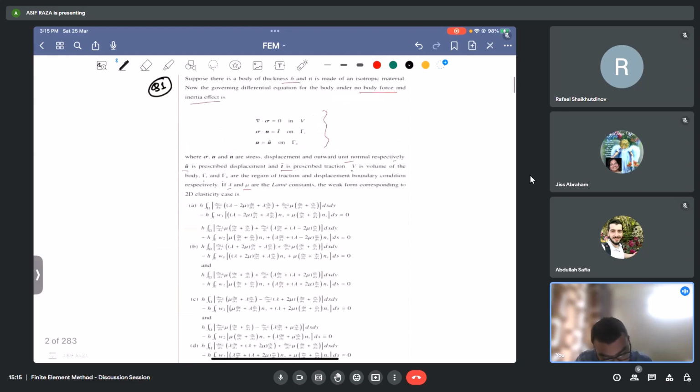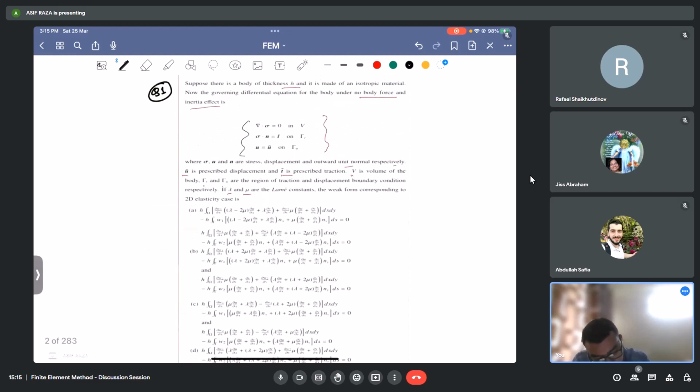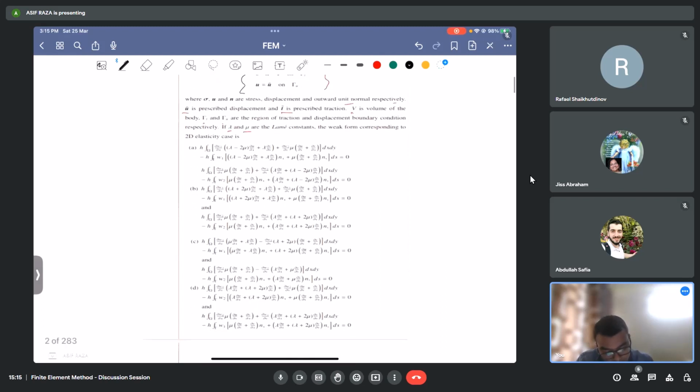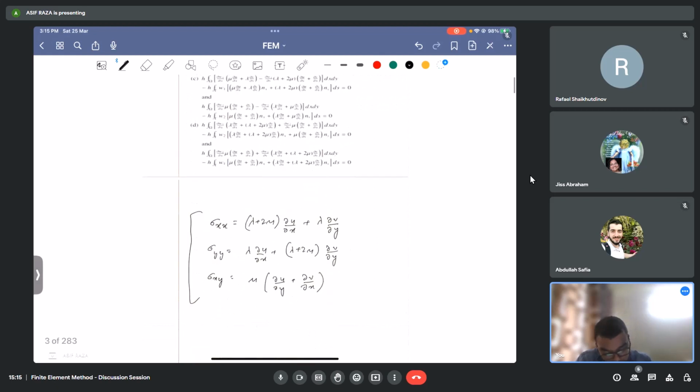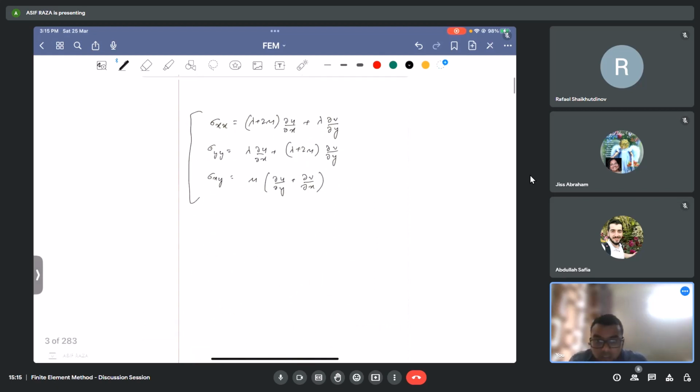How can we represent it? Now this is our governing equation, right? We need to use this to form our weak form corresponding to the 2D elasticity case. So we have del dot sigma equal to 0, with the boundary conditions.